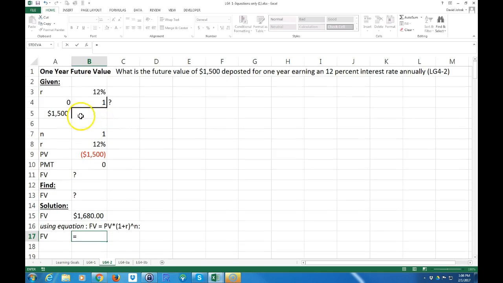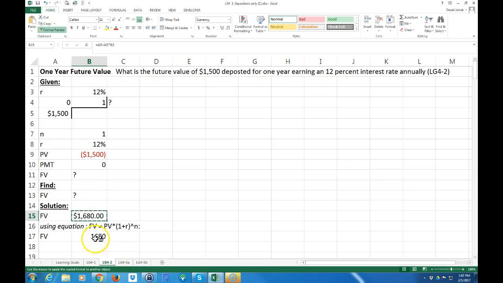Excel or your financial calculator thinks like this, but math just uses this. So I'm going to say a negative this to make this positive, and then times parentheses 1 plus R, which is 12%. I don't really have to take it to the first power, but we'll just go ahead and do it anyway, just to be technically correct, to the nth power, and that would be your answer.